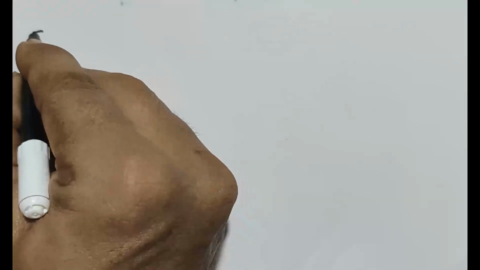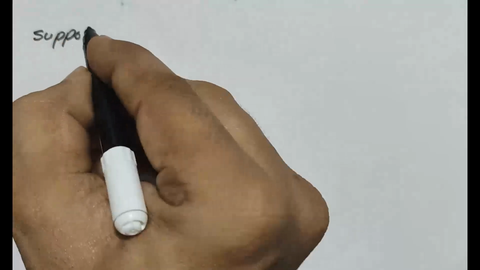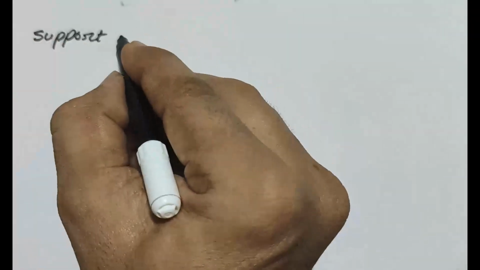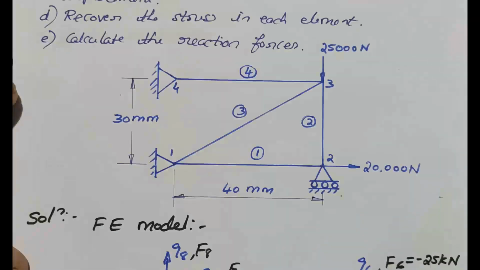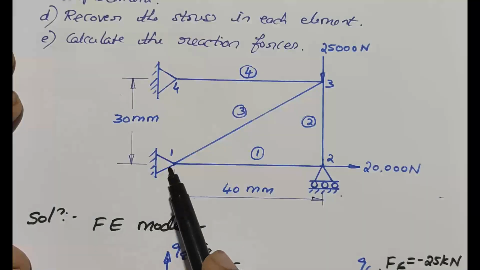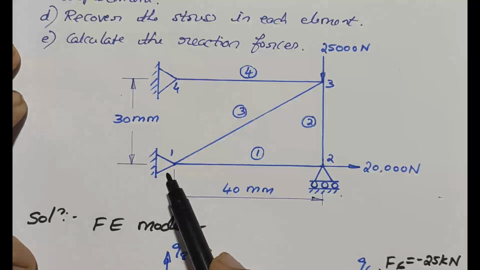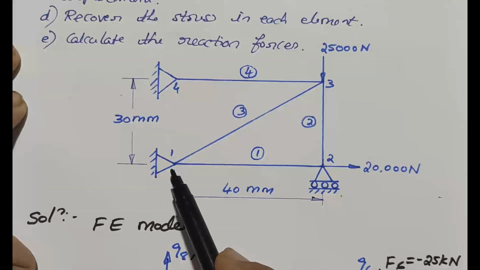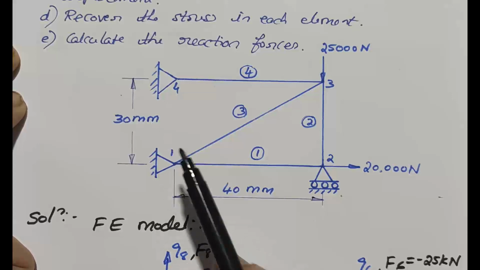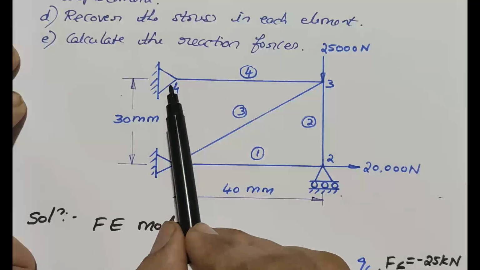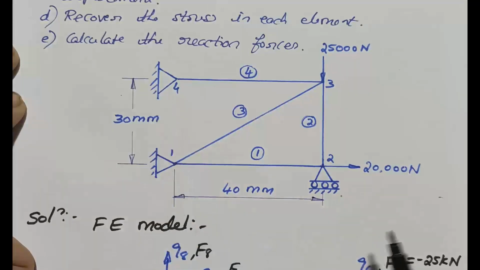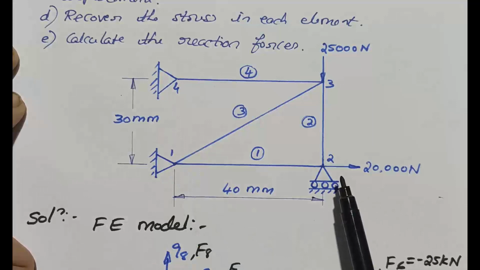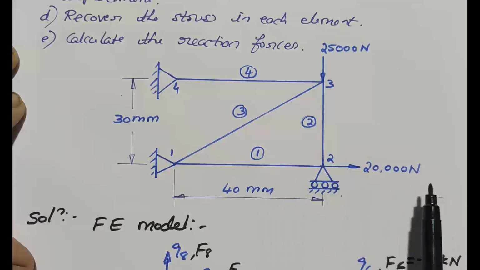Next is support reaction. See the figure. Node 1 is fixed. Therefore, you have to find out the support reaction at node number 1 both in x and y direction. Similarly, node number 4 is fixed. You have to find out the support reaction at node number 4 in both x and y direction. But node number 2 is on roller support, meaning it can move in x direction.